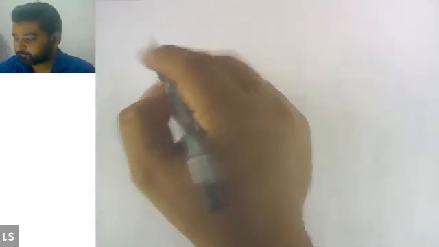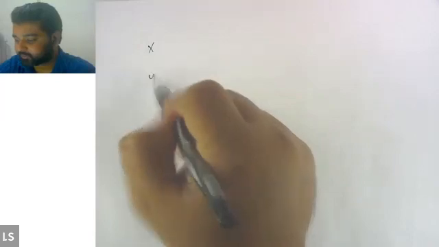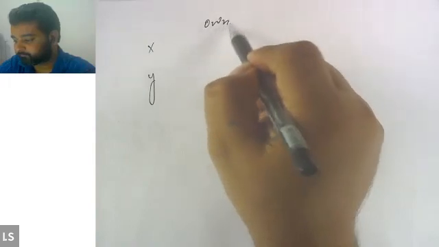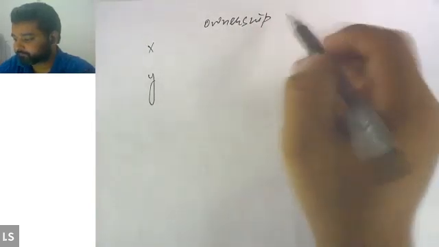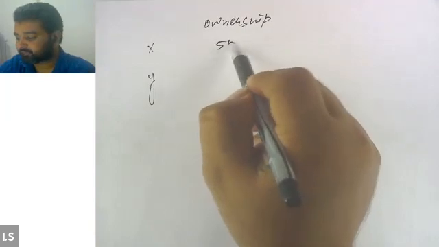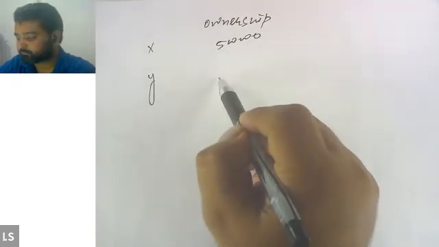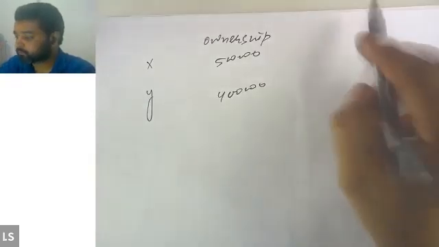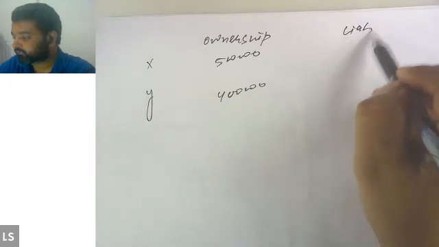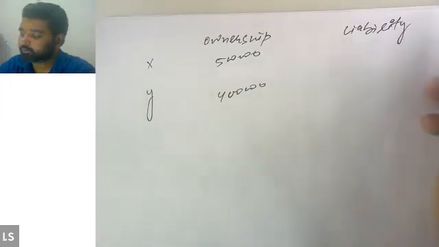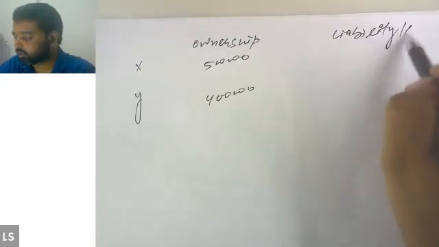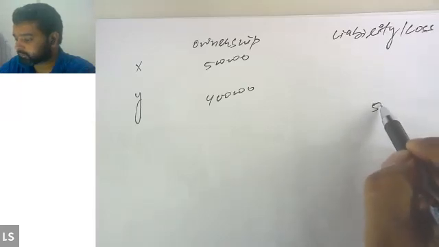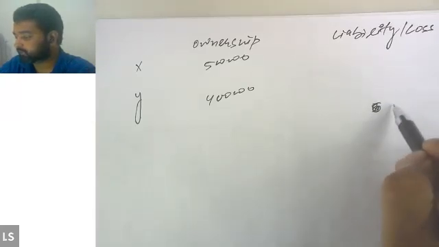Let's suppose there are two partners, Mr. X and Mr. Y. Their total holding or ownership in the firm is 5 lakhs, and let's suppose 4 lakhs. Now, let's say the loss of the firm is 9 lakhs.